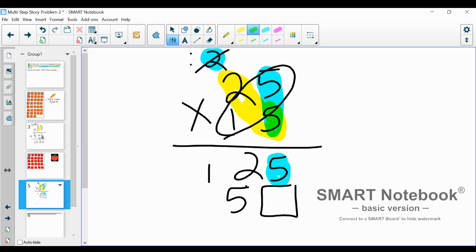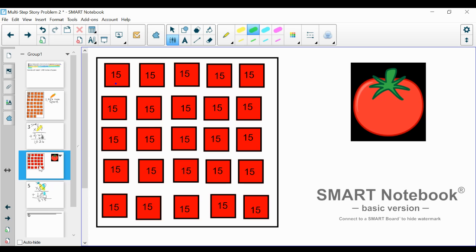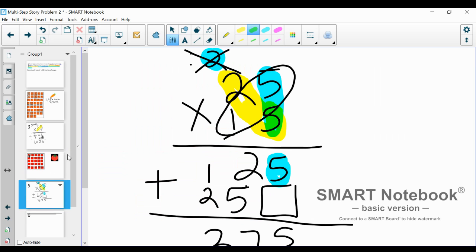Yep, so we've already used this, so we're going to cross it off, okay? We used it before when we did 5 times 2 is 10 plus 2 is 12. So 2 times 1 is 2. So 5 plus 0 is 5. 5 plus 2 is 7. 1 plus 2 is 3. Okay, so that means that all of his tomatoes are taking up 375 inches of space.